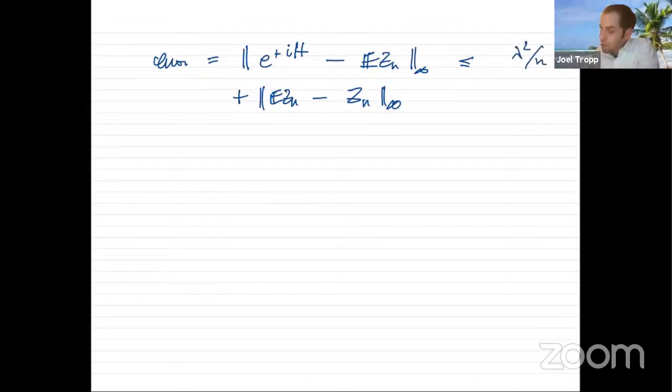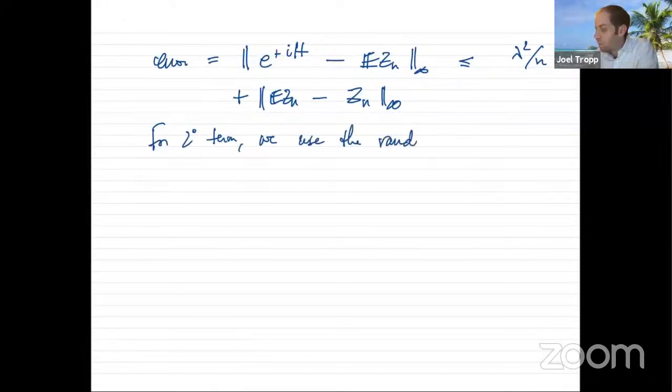And to bound the second term, we use the random product approach.